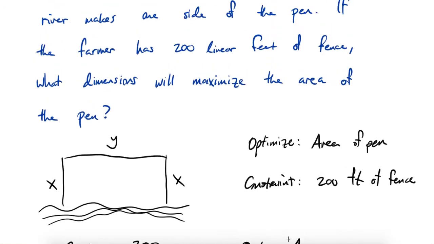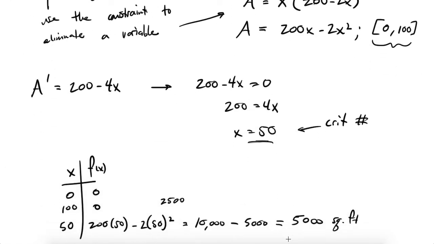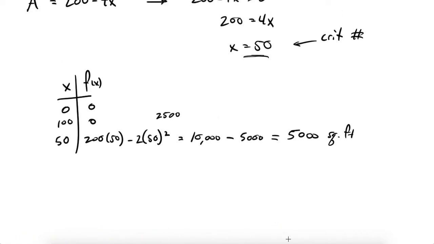The original question is, what dimensions of the pen will maximize the area? So coming back and looking at x equal to 50, and remember my picture looked like this, x, y, x, and we figured out that y was 200 minus 2x.